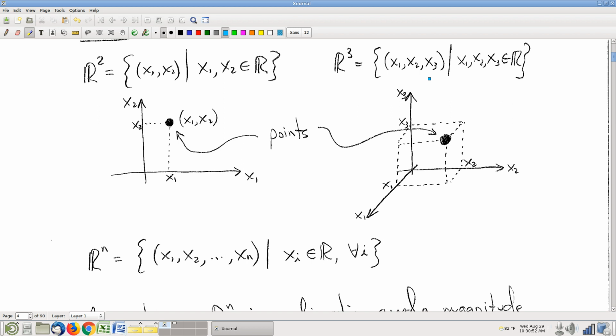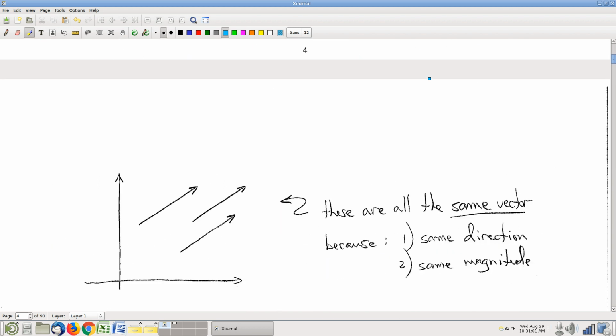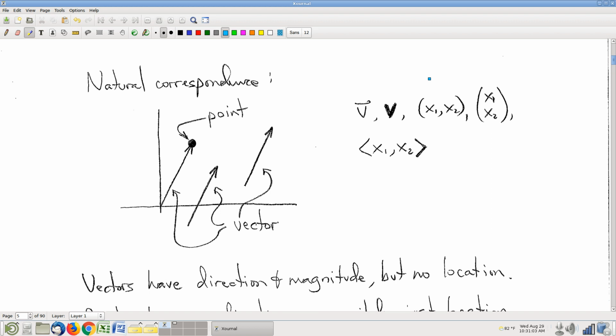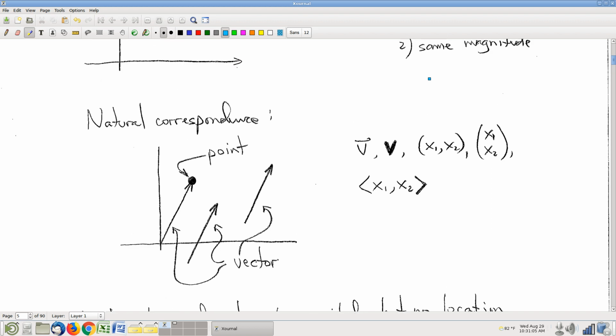They're just locations. It does not look like a vector. But there is a perfect correspondence between vectors and points, and it goes like this: if you have a point, there is a unique arrow whose tail is at the origin and whose head is at that point.